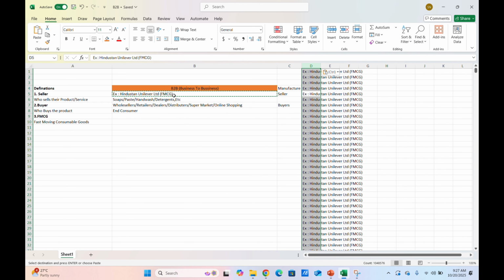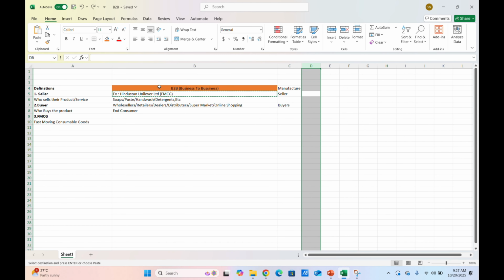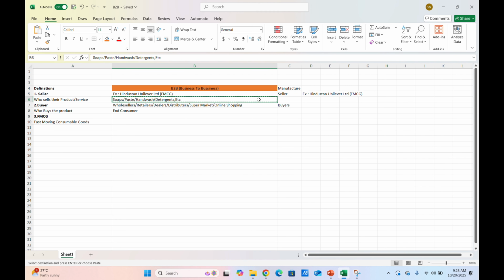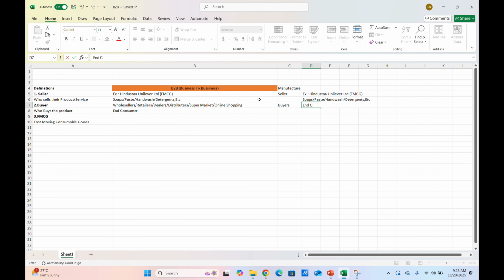Let's say Hindustan Unilever wants to sell their product to the end consumer. Okay, end consumer. So in that case, what does it come to here?